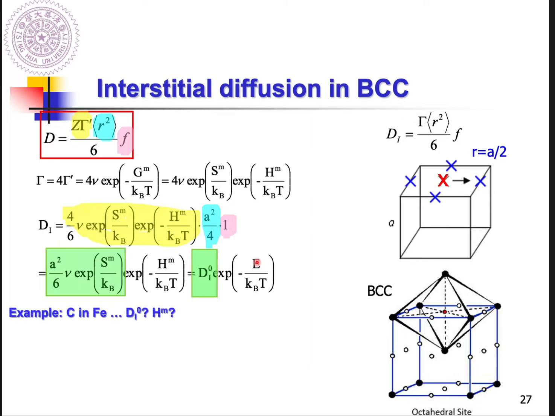Okay, so let's give you an example. If we have an iron BCC structure, and the solute atom is a carbon atom, and carbon is going to diffuse through the octahedral interstitial site in BCC iron.